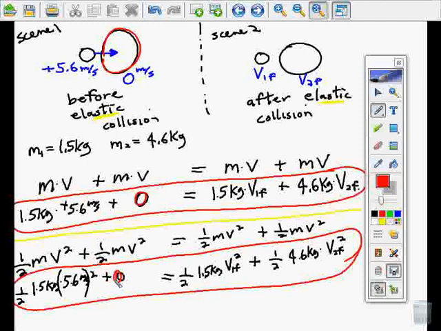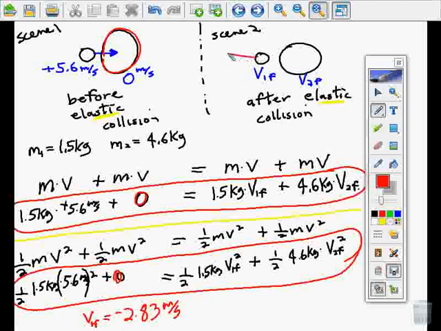Okay, so now that you've figured out, let's say we figured out what those velocities are. Does anyone have those answers, by the way? Negative 2 point something. And by the way, what does that mean?